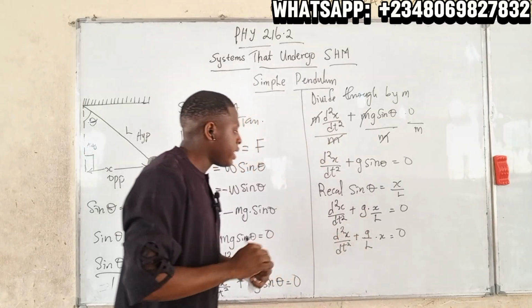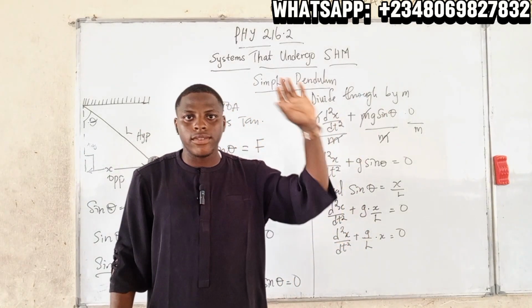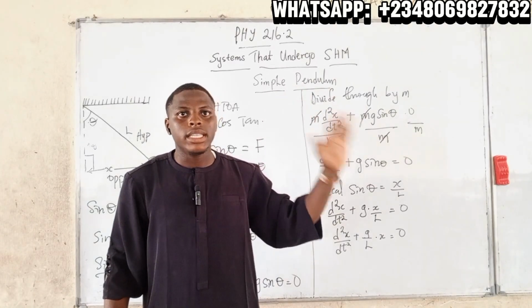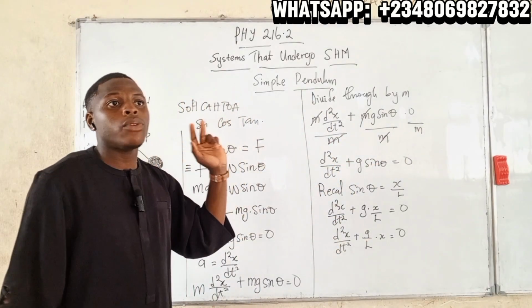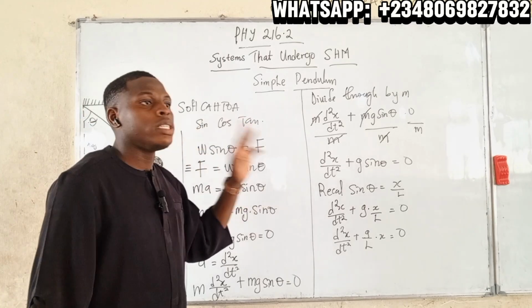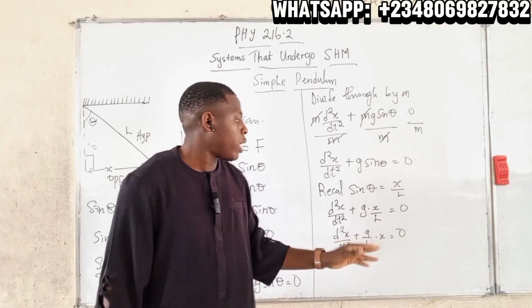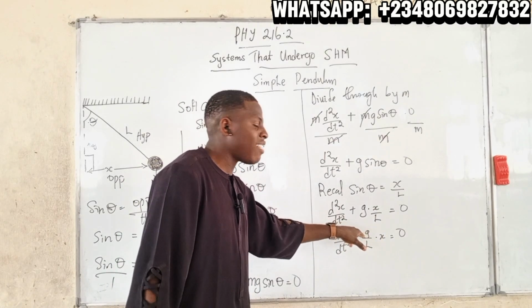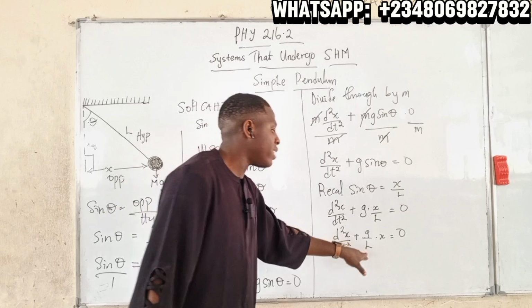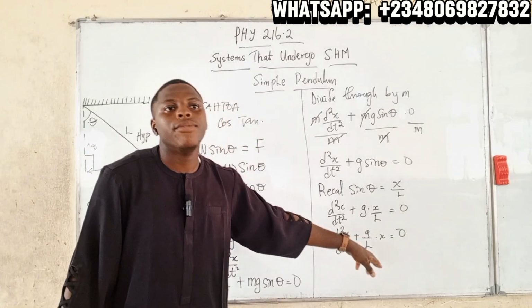Now we are seeing that we have a similar equation to our equation for SHM, the equation for simple harmonic motion. When we are calculating for the equation for simple harmonic motion, I told you that we represent the gravity over the length of the pendulum with angular velocity.